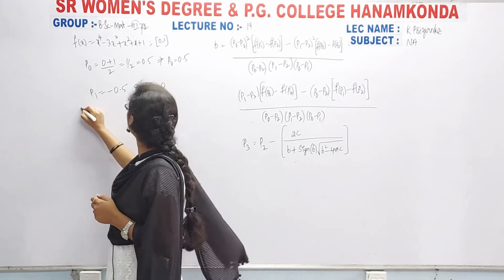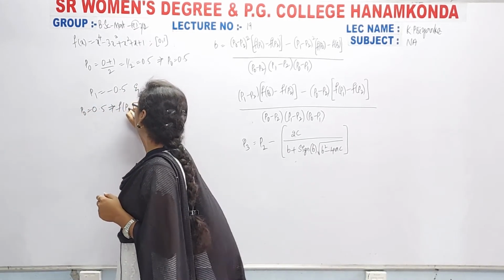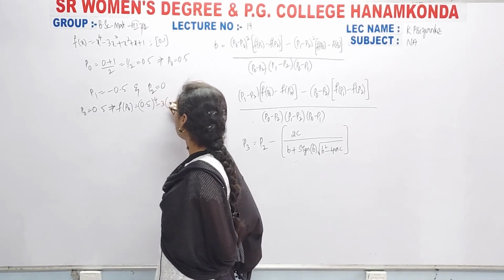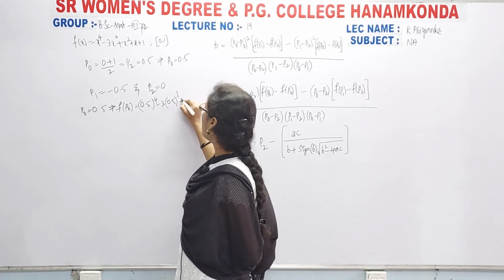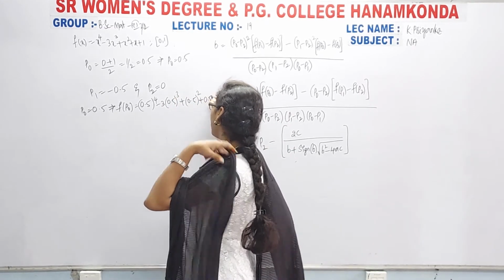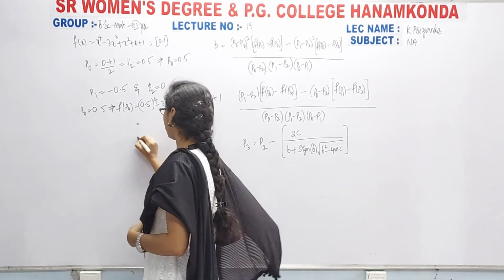So now here P0 equal to 0.5, then f of P0 is equal to 0.5 whole to the power of 4 minus 3 into 0.5 whole cube plus 0.5 whole square plus 0.5 plus 1, okay. Next I will calculate this one.